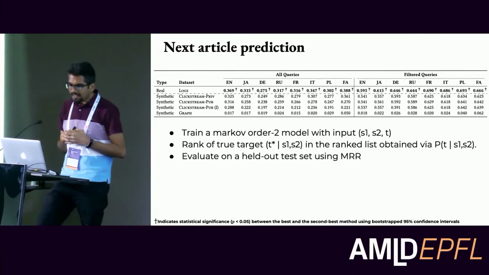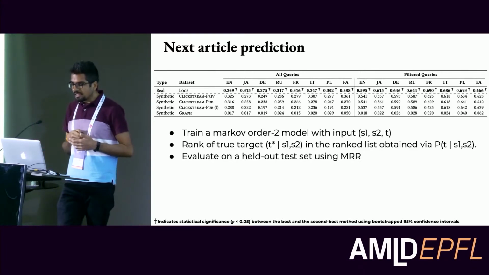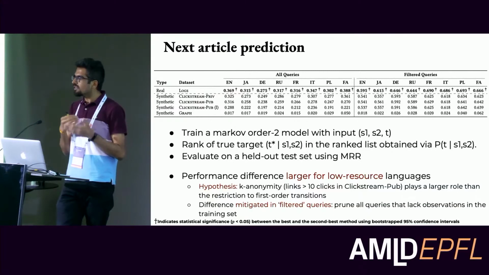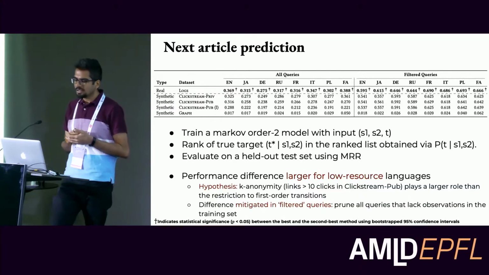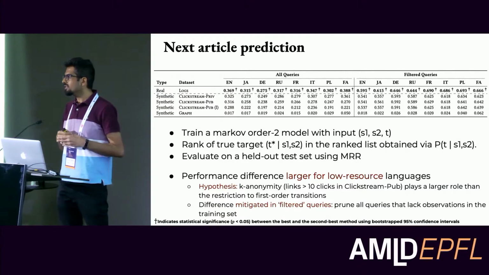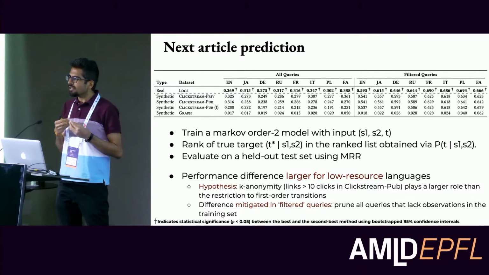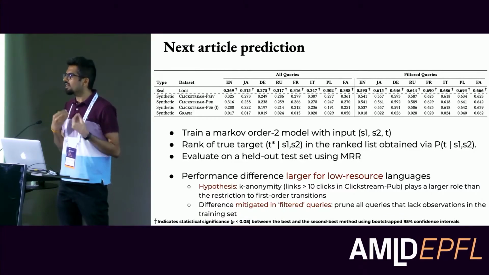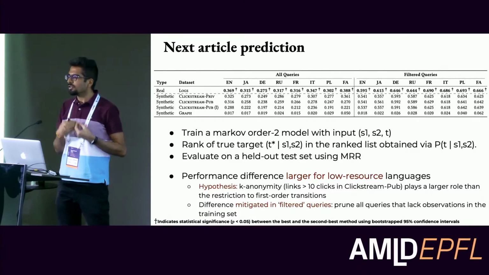Importantly, what we observe is that the performance difference is higher for low resource languages. And we propose the hypothesis here that for low resource languages, the effect of ensuring k-anonymity by restricting to only transitions which occur more than 10 times plays a larger role than the restriction to the first order.